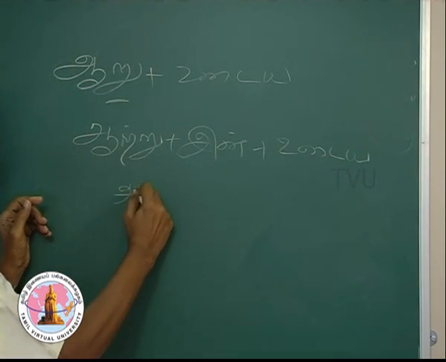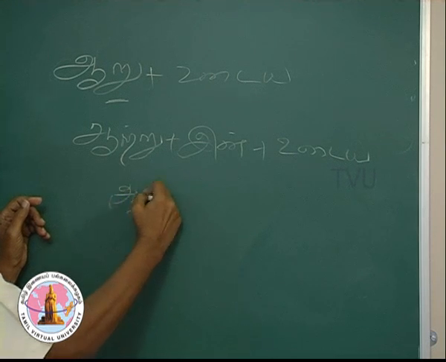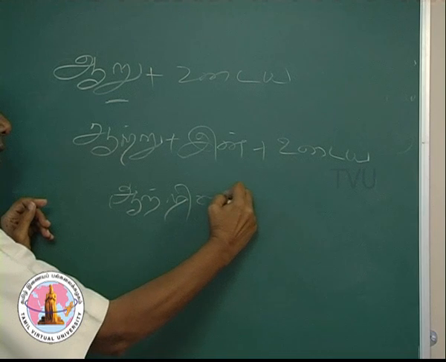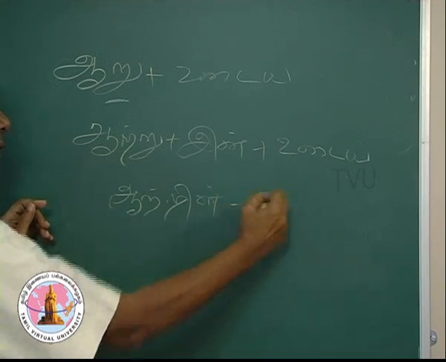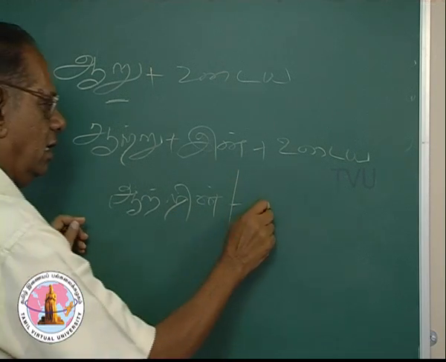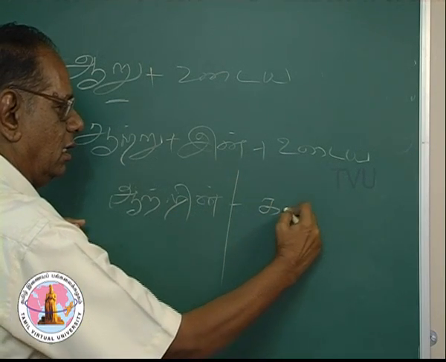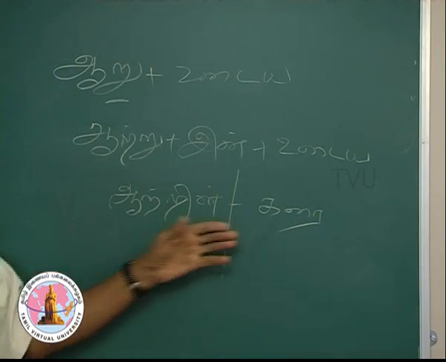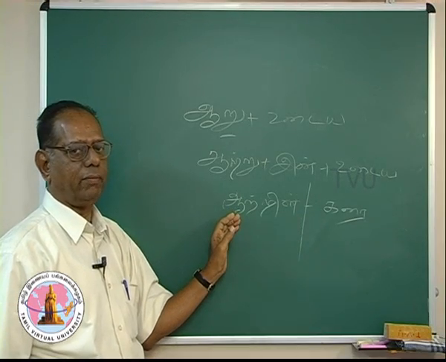ஆற்றின் plus உடைய, ஆற்றினுடைய. Now you retain ஆற்றின் and say ஆற்றின் கரை, bank of the river.